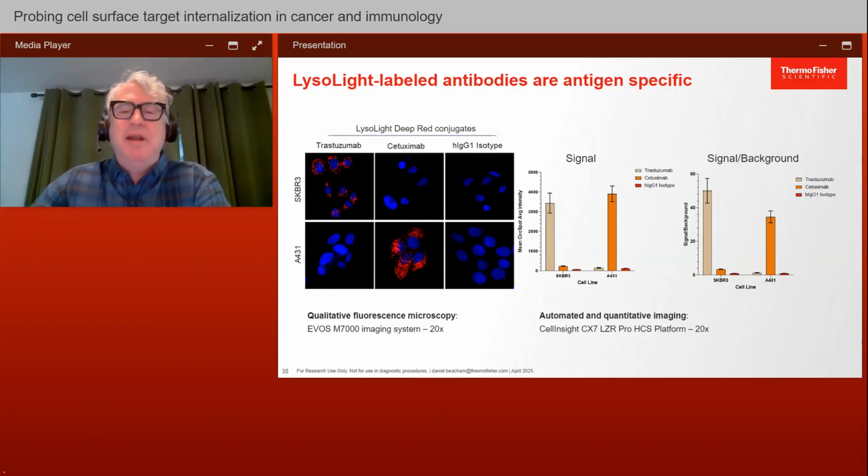And I also hinted how you can take an antibody specific for one cell type by virtue of its receptor, like the HER2 against trastuzumab on SKBR3s, and then interrogate a control cell type that lacks that receptor, like A431s, or for that matter, find a different drug, cetuximab, which recognizes receptors on A431s that are absent on SKBR3s, or for that matter, use the labeled copy of the IgG subtype that these antibodies are derived from. Each of these can generate a background, which is an important aspect of any signal measurement.